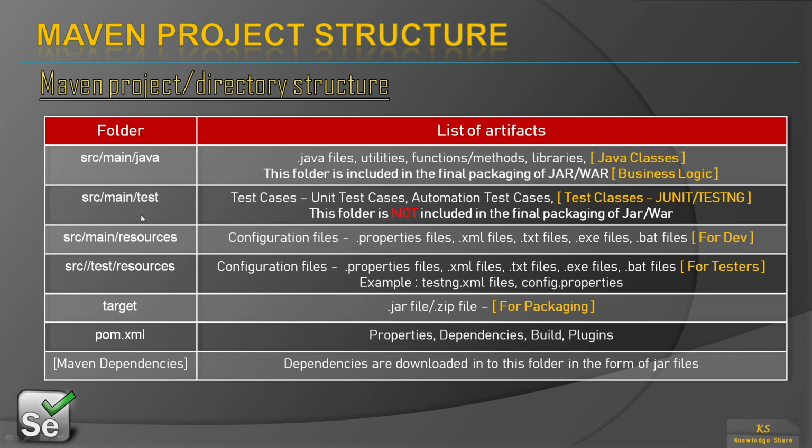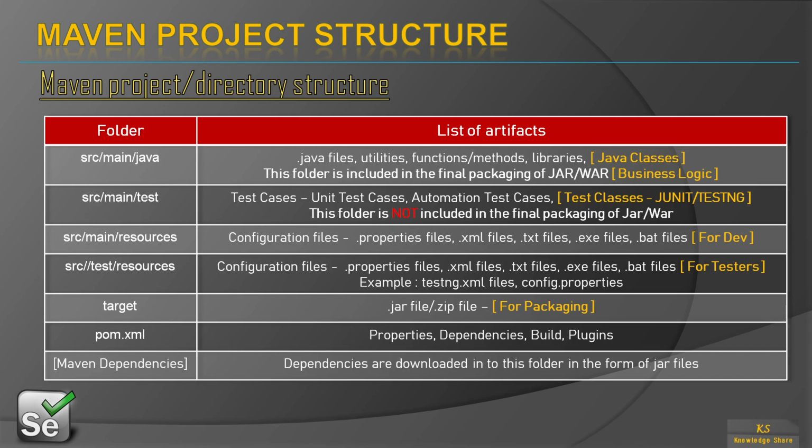Whereas src/test/java is not included in the final packaging. What does this test folder contain? Basically it contains test cases, not only in terms of development but in terms of automation as well.